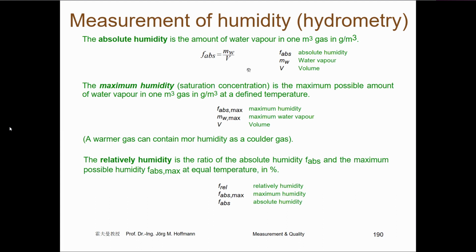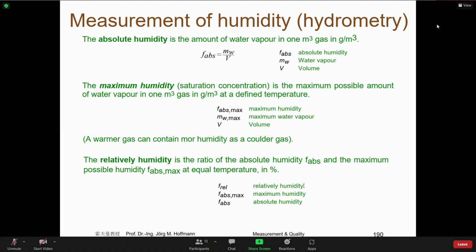You have different definitions. You have the absolute humidity, you have the relative humidity. The relative humidity depends on the temperature, because very warm air can contain much more humidity than cold air.